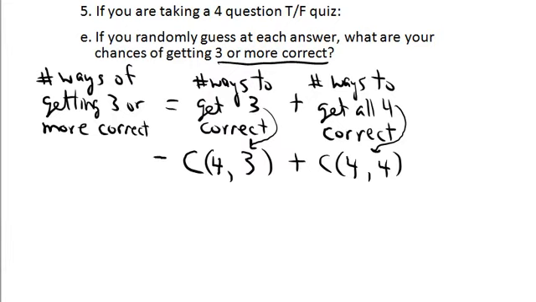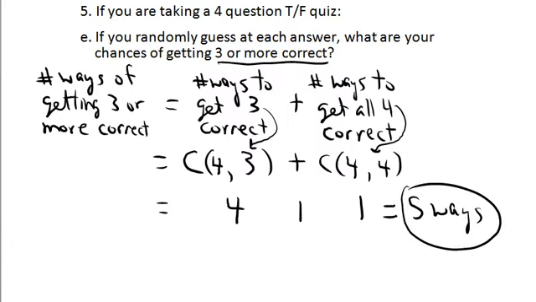And again, using the shift 2 on your calculator, you will come up with 4 for that and 1 for that. So there are 5 ways to get 3 or more correct. And notice we haven't drawn anything, but we've now gotten into the routine of realizing these are combinations and just doing them.